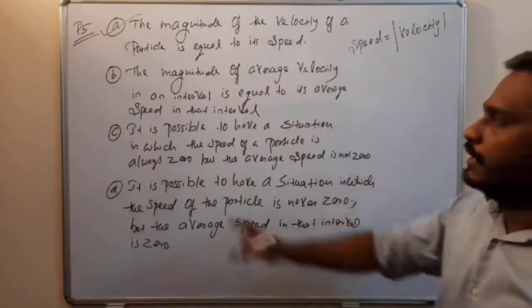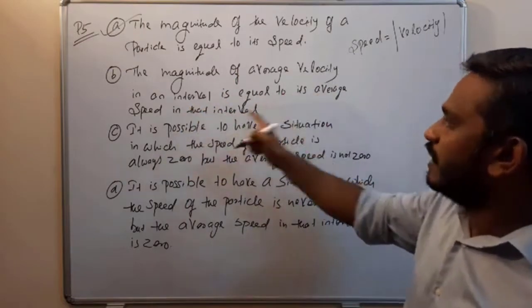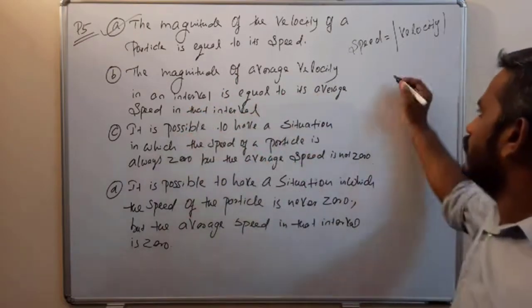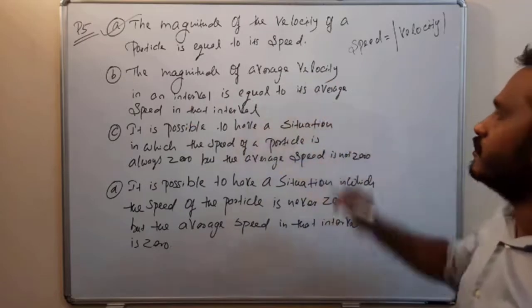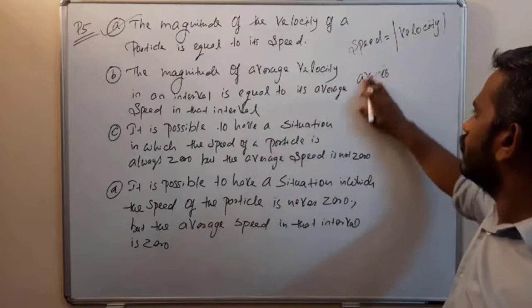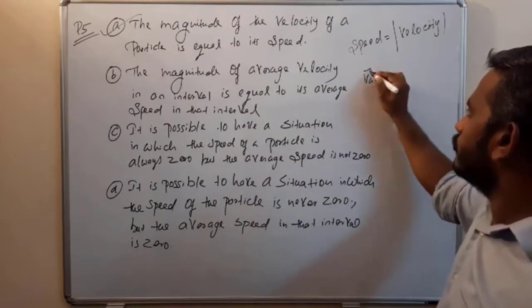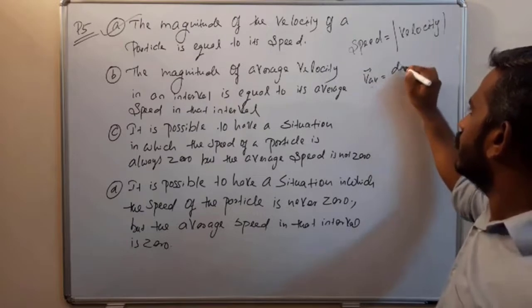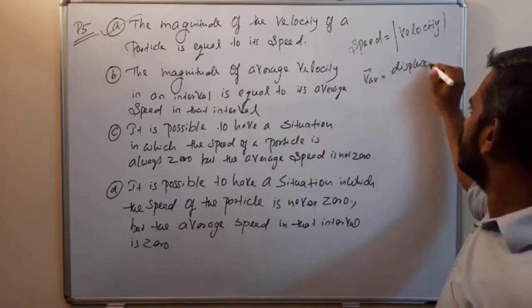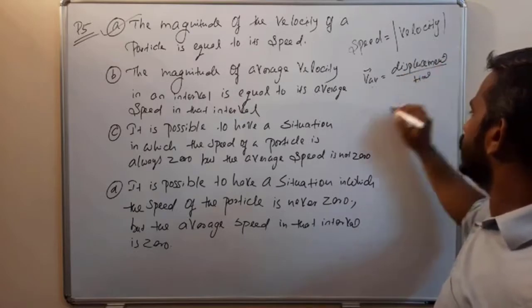The second point: the magnitude of average velocity in an interval is equal to its average speed in that interval. So what is average velocity? Average velocity vector V_av is equal to displacement by time.